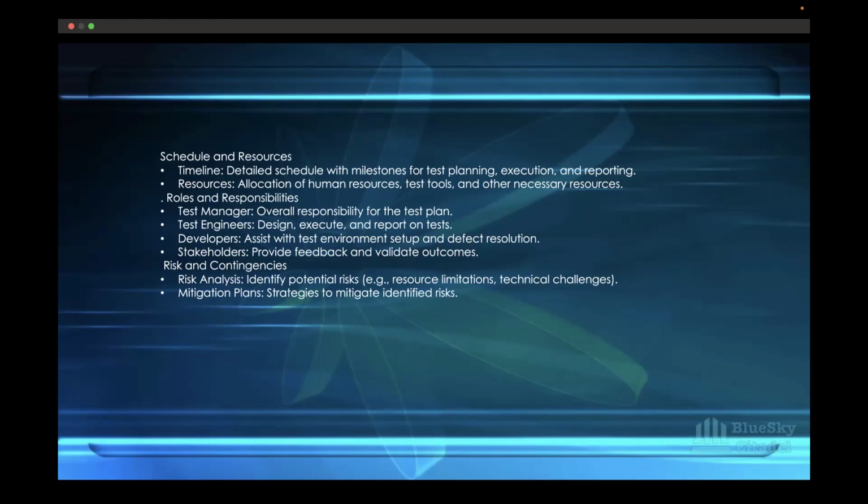The project had to be on hold for a certain amount of time for the external resource to get into the project to help with these technical challenges. A lot of things can happen. So you just have to write a little bit of this risk analysis in your test plan, and a mitigation plan, strategies to mitigate identified risks. If this happens, what are we going to do? If that happens, what are we going to do?